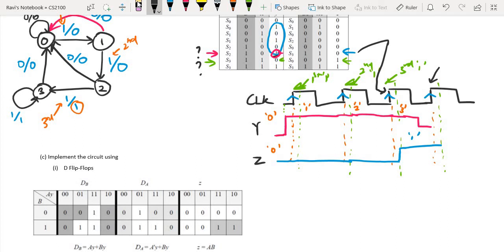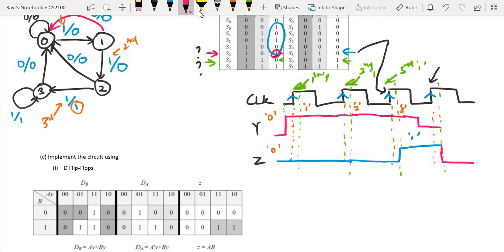When this clock comes in, I sample the value of y. If y is 0, then the output z will transition to a 0 here. If y was still 1, then z would have remained as 1.